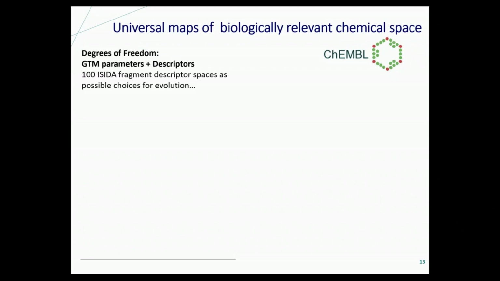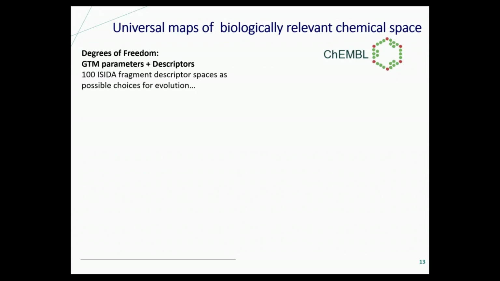And foremost, the big question is, okay, I'm doing dimensionality reduction of a descriptor space, but what descriptor space? Not all the descriptor spaces are equally suited for predictions of a given property. So we left this question open, and we considered the descriptor type as a degree of freedom of this optimization.